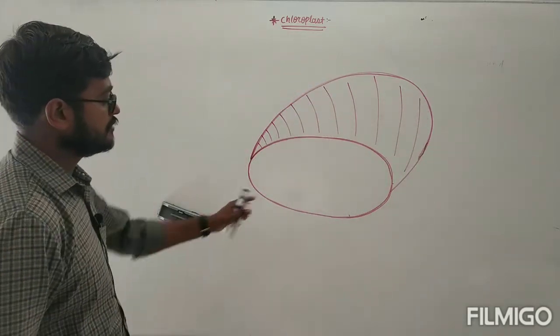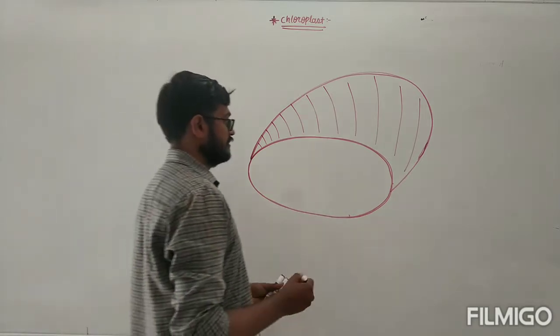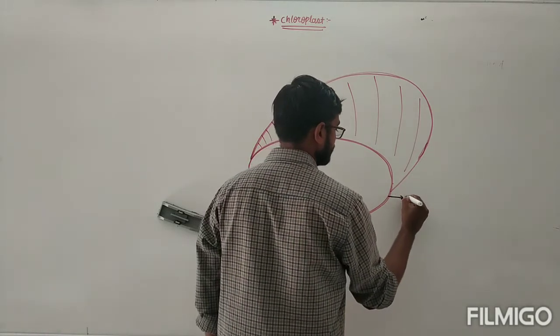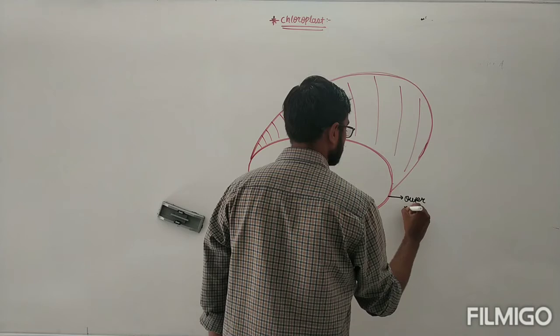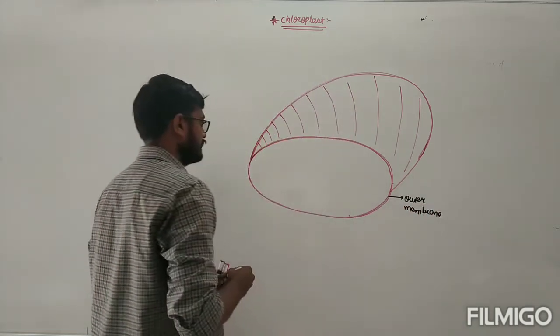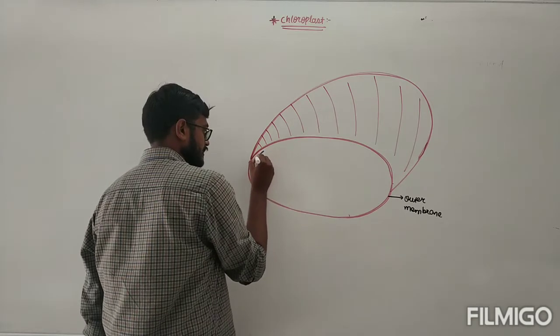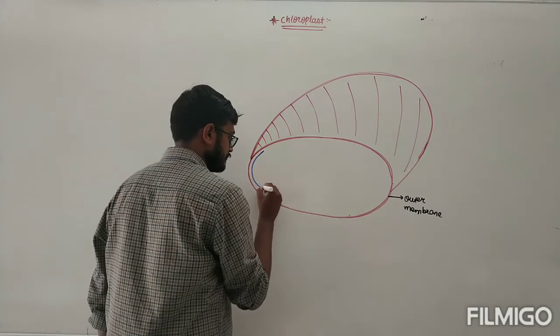What happens when you look at the inner side of the chloroplast? It also has two membranes. One is the outer membrane, and the other is the inner membrane.